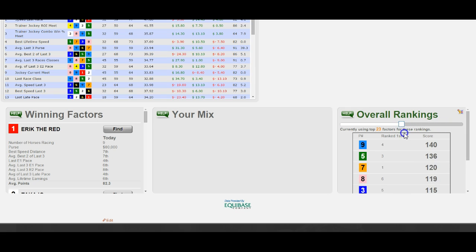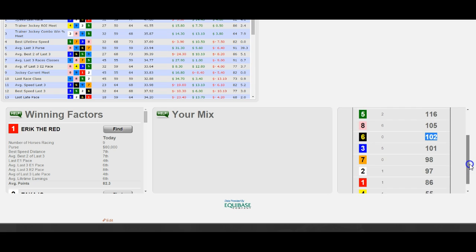So there's some interesting information that you can glean from this. This could be a good example or bad, I'm not exactly sure. Let's say we're just looking at the top 20 factors. You can go down here and see that number 6 is ranked first in zero of the top 20 factors, but yet he's ranked 4th overall. There are some horses underneath him that are ranked first in some categories, but the 6 is not.